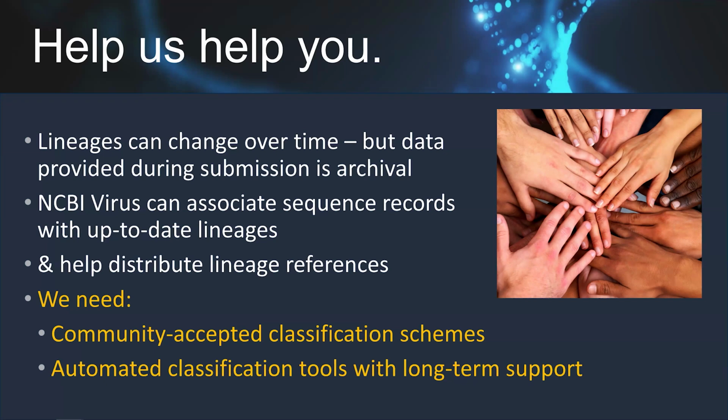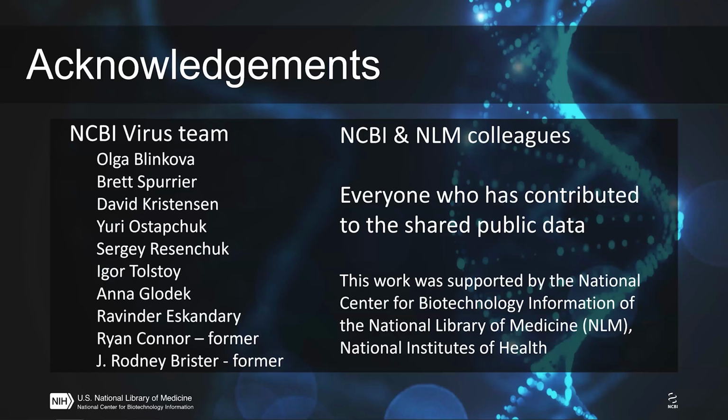And we also need the automated classification tools that have some plan for long-term support. Because if we put something in place, and it takes quite a bit of effort for us, and then 6 months down the road there's no one to support it, then everybody's going to be upset, right? We don't want anybody upset.